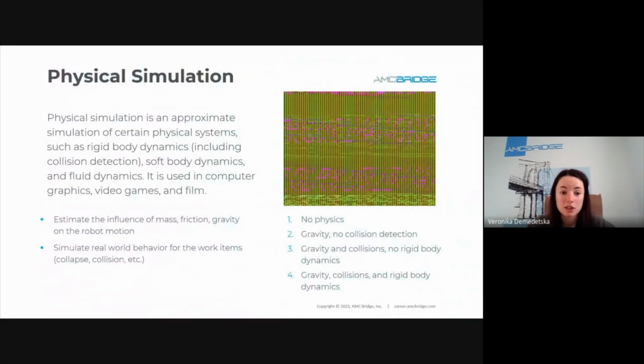So for the physical simulation, again, the idea is to simulate, taking into account all possible physical characteristics. So we need to take into account, of course, rigid body dynamics. We need to find the collision.